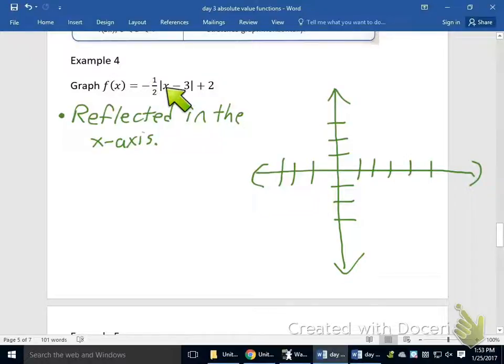A negative inside the absolute value doesn't do that. It would just make it reflect in the y-axis, which you end up with the same thing. All right. Next, it's been compressed vertically. Due to the coefficient being less than 1, it's going to compress it vertically by a scale factor of 1/2.